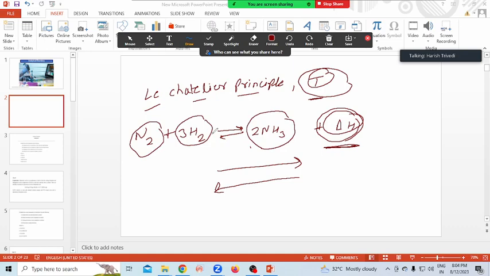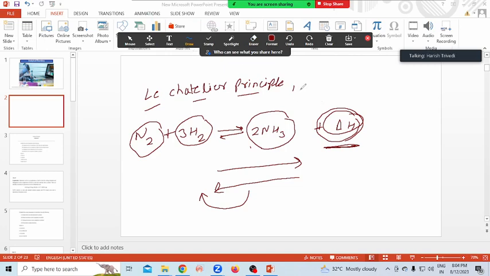So finally I can say that the equilibrium shifts toward the left-hand side. By increasing temperature, equilibrium shifted toward the left-hand side. Clear? Then the second example: suppose I am decreasing the temperature.